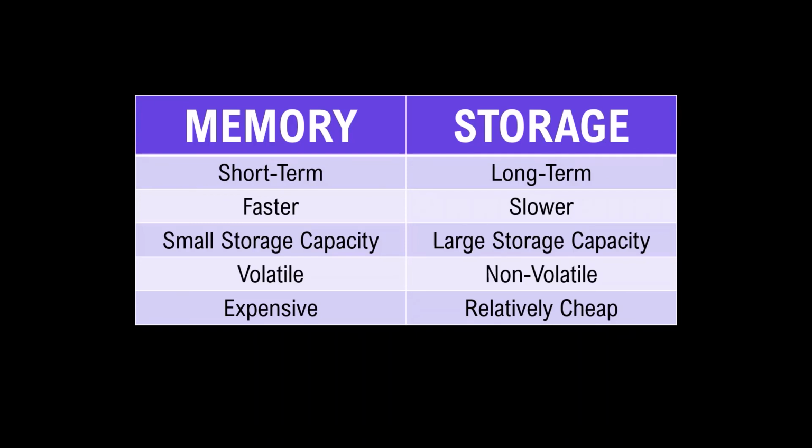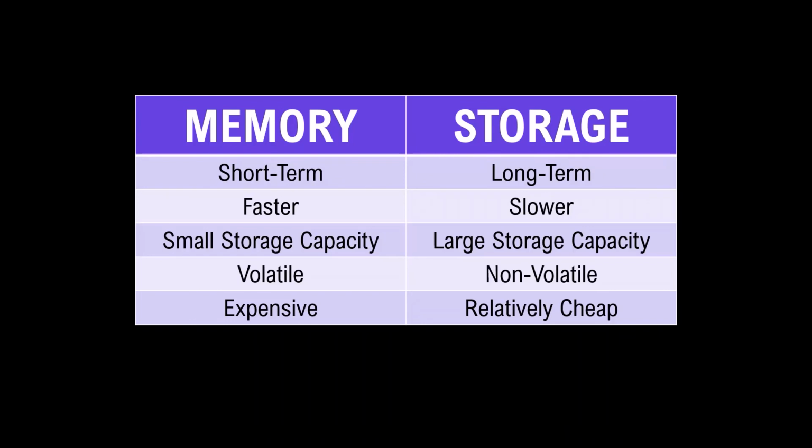And finally, something I haven't mentioned yet is that memory is typically much more expensive than storage. Storage is quite cheap relative to memory per gigabyte of storage, which means that because of the expense of memory, you kind of have to use a combination of both memory and storage. Obviously if you only relied on memory, you wouldn't be able to store a lot of things.